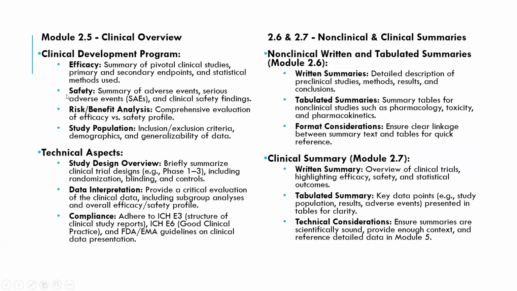Then is your module 2.5, which will talk about clinical overview. Here we will talk about clinical development program and the technical aspects. So all the summaries of efficacy of pivotal clinical studies, primary and secondary endpoints of the clinical trials, and any statistical method that is being used during the clinical development program for efficacy will be summarized here, along with safety, risk benefit analysis, and study population.